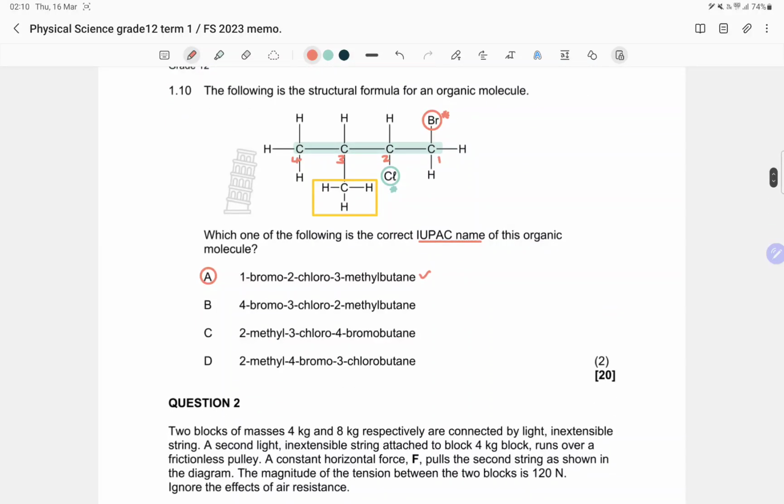But why are the others incorrect? Let's look at this one. It says 4 bromo. So it means we started from this end here, the left end. It's 1, 2, 3, 4. And then 3 chloro. And then 2 methyl butane. So technically this is what I would call jazz if you think about it.